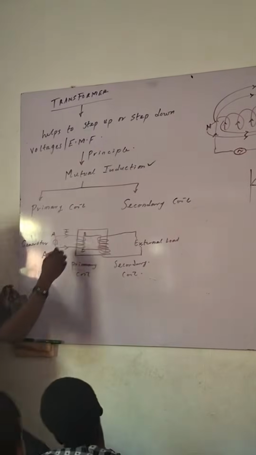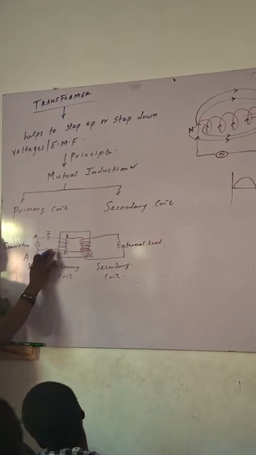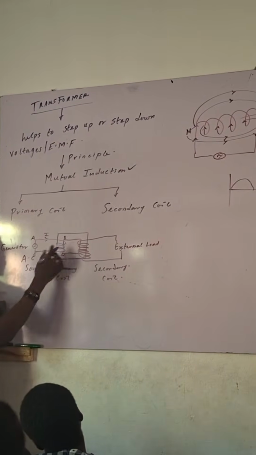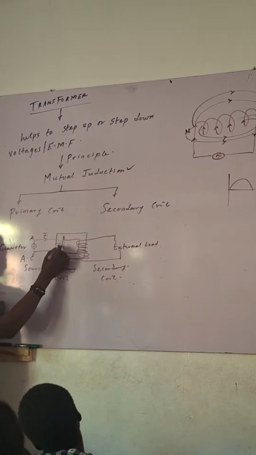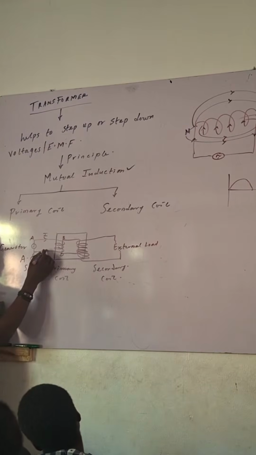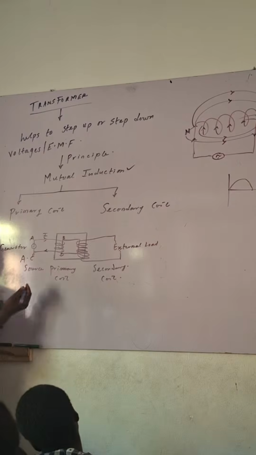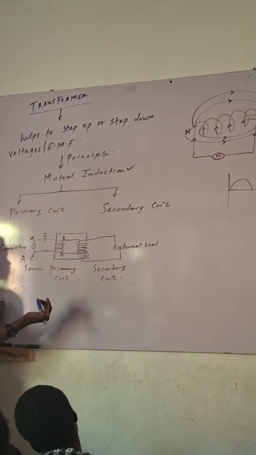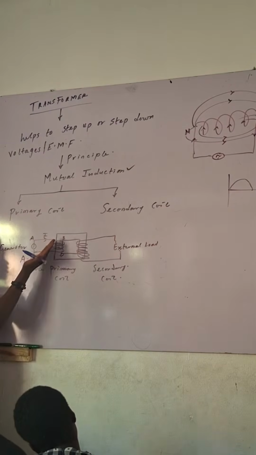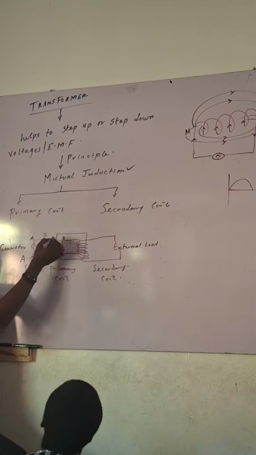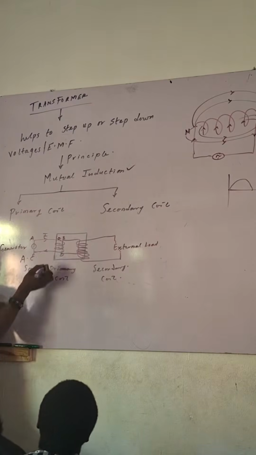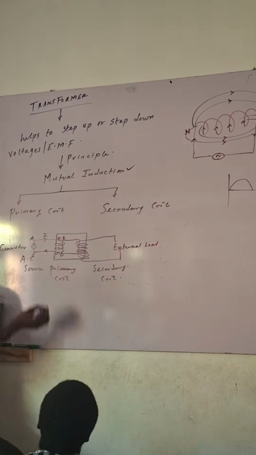Listen. As the current is flowing from here to here, let's say it goes from here, then up, then goes down. From what I've drawn, where should my north be? At the B side. Do you agree? So I should have north here, then I should have south here.